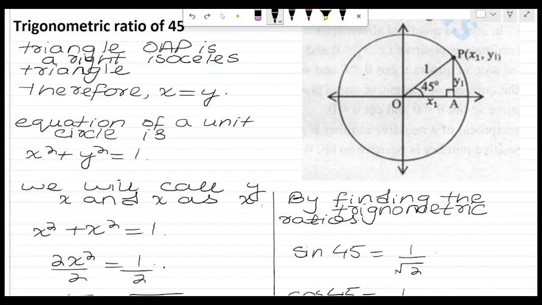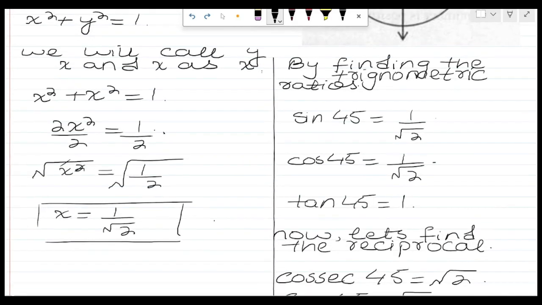x square plus x square is equal to 1. x and x make up 2x square being equal to 1. Now 2 will be divided on both sides of the equation. So we get x square is equal to 1 by 2. But we need to take the square root on both sides. So we will have x being equal to square root of 1 by 2. But if you simplify this, then the square root of 1 is 1, but the square root of 2 will be under root 2.